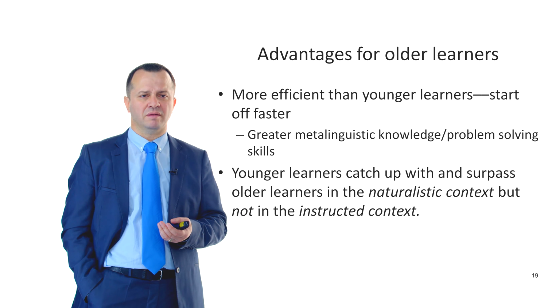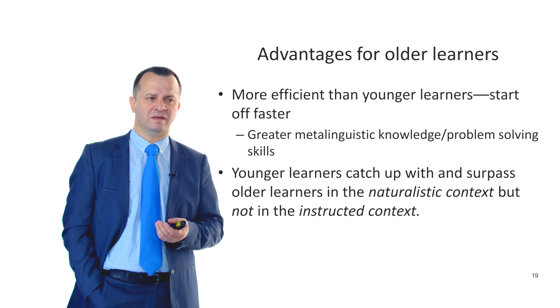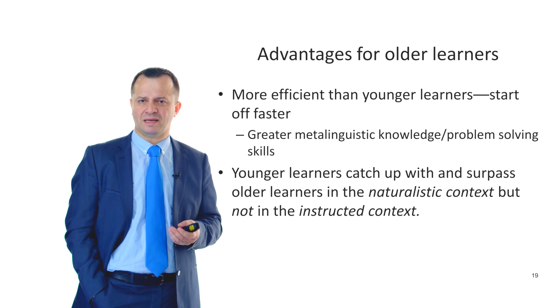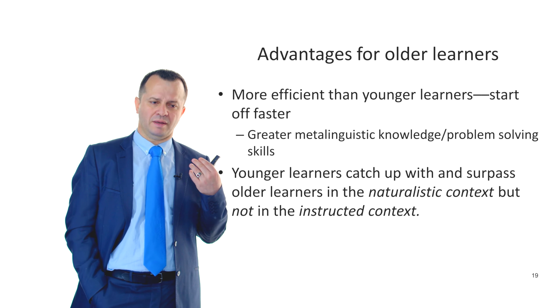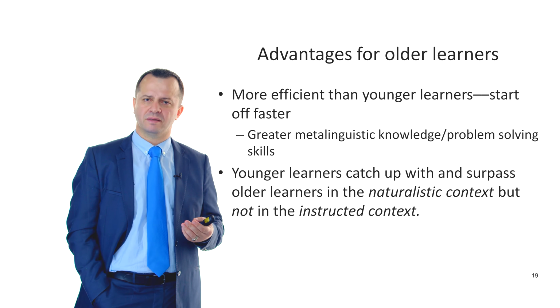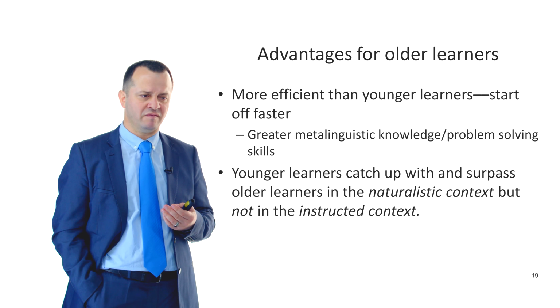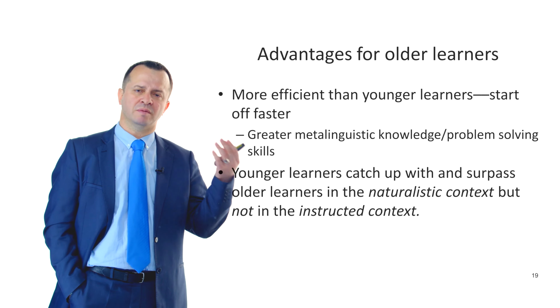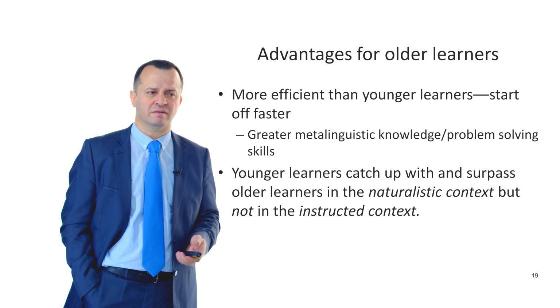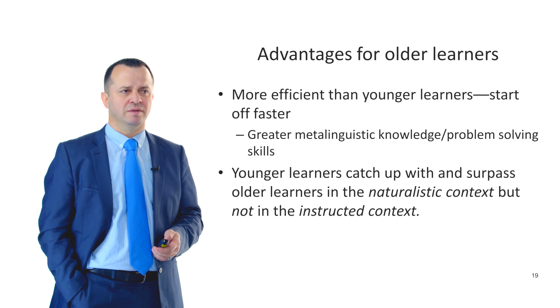But adult learners are very good in the classroom context, because they have the will to learn a language well, because they maybe have plans to emigrate and to work in foreign countries.